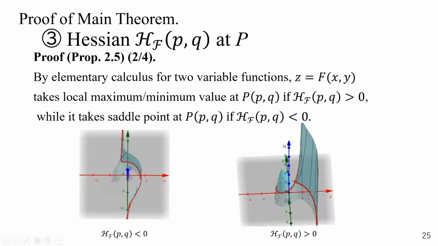By elementary calculus for two variable functions, z equals f(x, y) takes a local maximum or minimum value at point P if the Hessian is greater than 0, while it takes a saddle point at point P if the Hessian is less than 0.